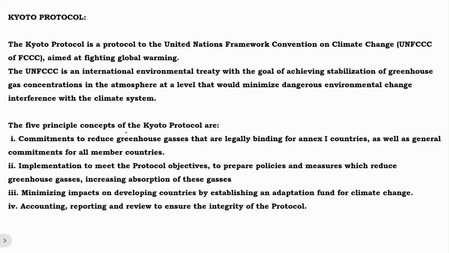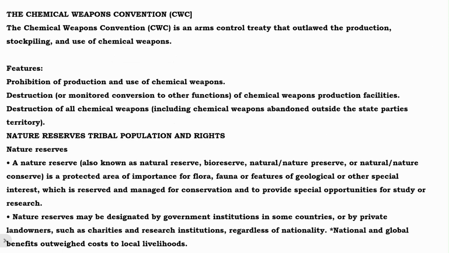The five important principal concepts of the Kyoto Protocol are: commitments to reduce greenhouse gases; a commitment for all member countries to implement the protocol; preparing policies and measures which reduce greenhouse gases, and implementing observation; assisting developing countries by establishing an adaptation fund for climate change; and accounting, reporting and review to ensure the integrity of the protocol.